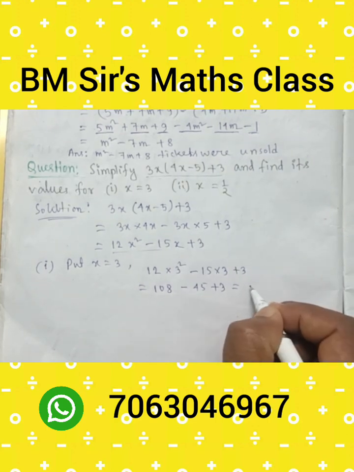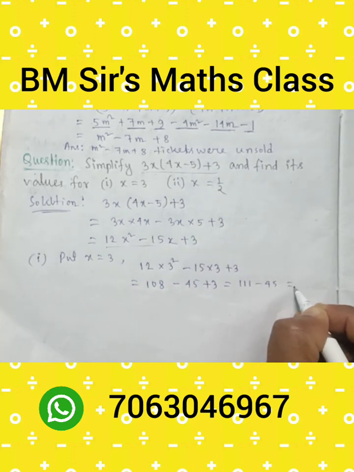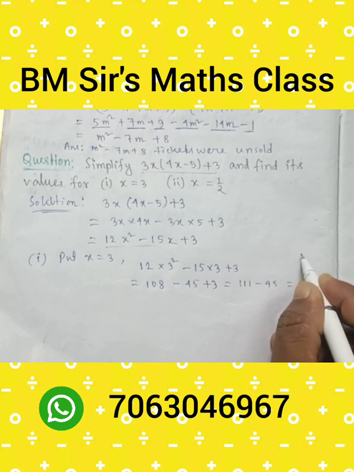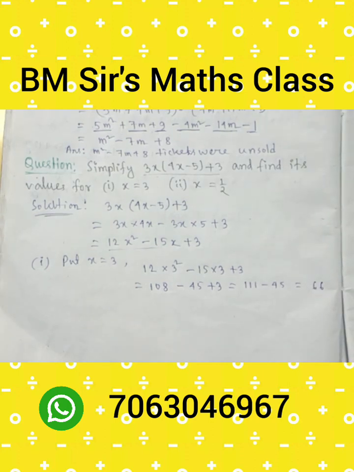So you'll get 108 minus 45 plus 3, that is 66. So 66 is the answer.